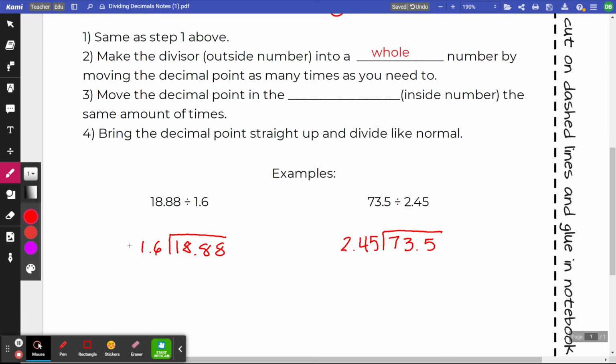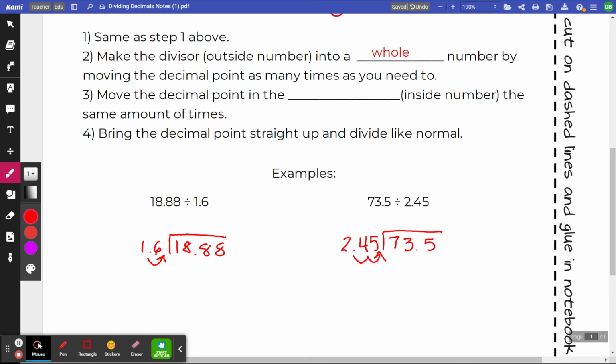In order to make this into a whole number, all I have to do is move the decimal one time to the right. And now I've turned it into 16. Let me do the same thing over here. So 2.45, I have to move it twice to make it a whole number. And now I've got 245.